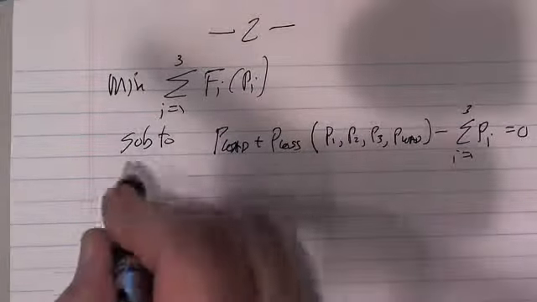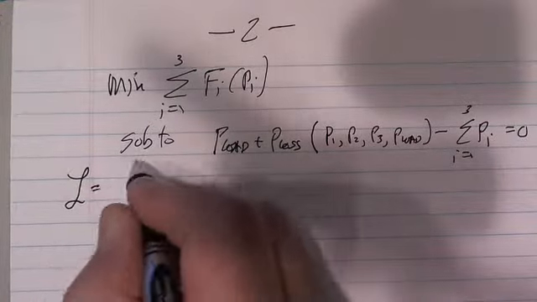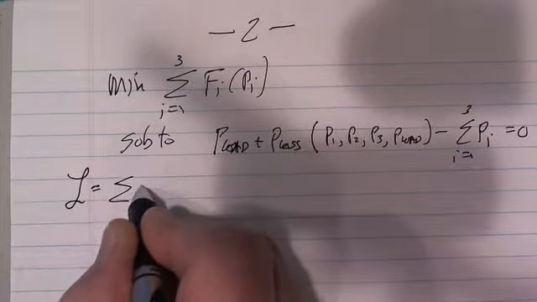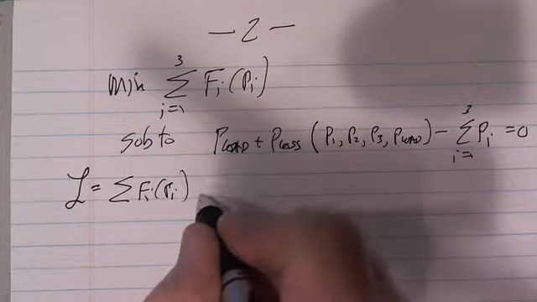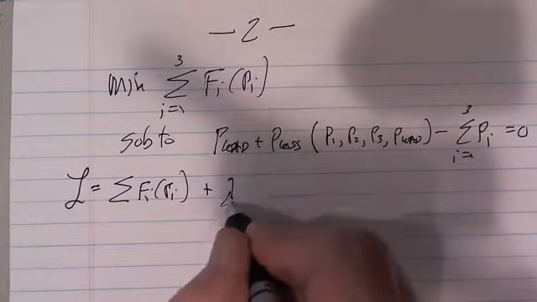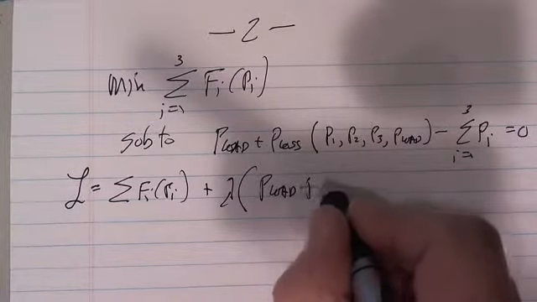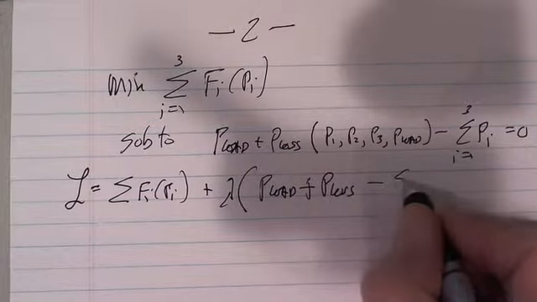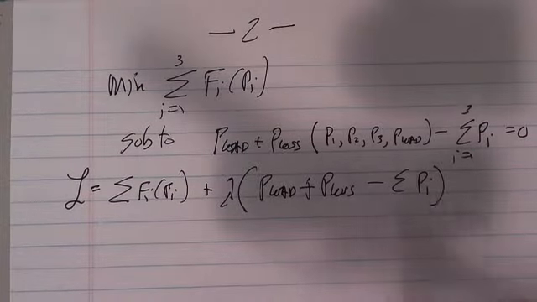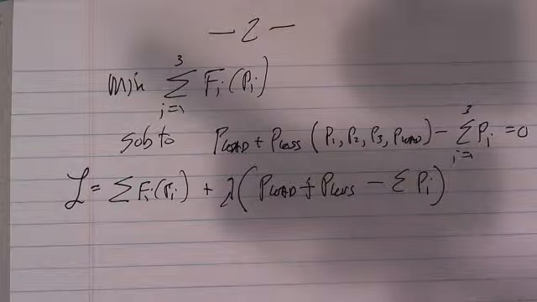now like I did in the beginning of the chapter, I'm going to say this is the sum of Fi(Pi) plus lambda times P load, and I'm just going to write it as P loss minus the sum of Pi. I'm going to ignore the generator limits for now, like we did earlier.